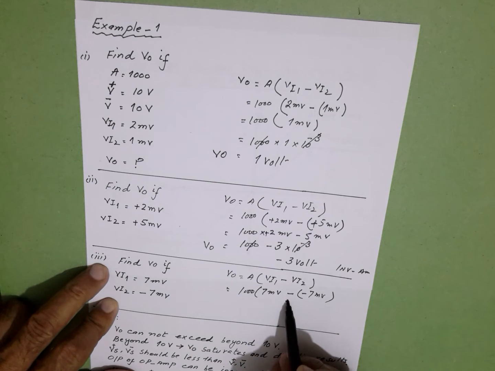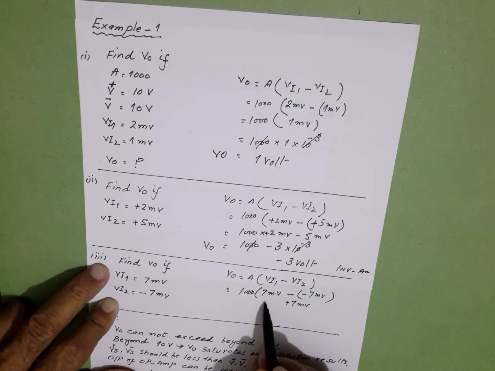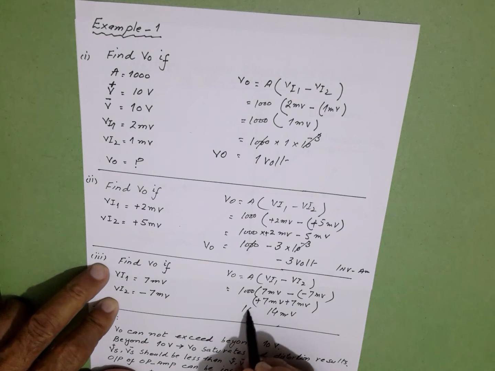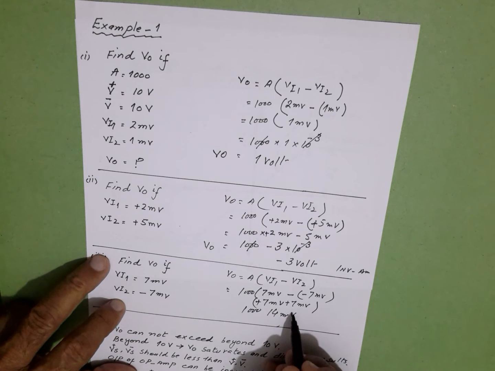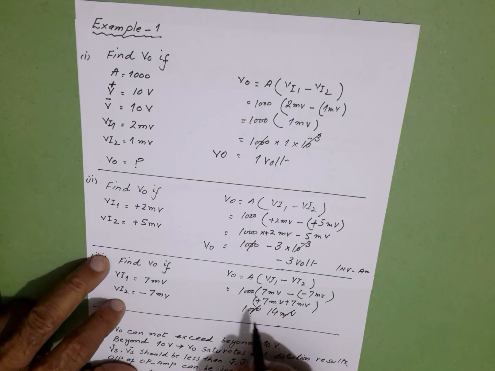Minus of minus is plus 7 millivolt, so of course this comes out to 14 millivolt into 1000, or we say that the millivolt cancels with this 1000, and V naught becomes equal to 14 volt.